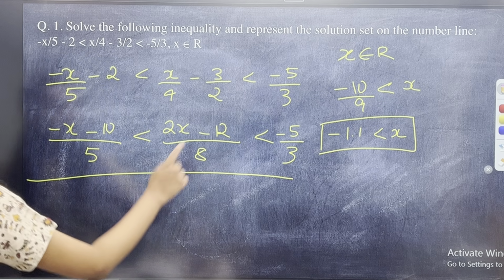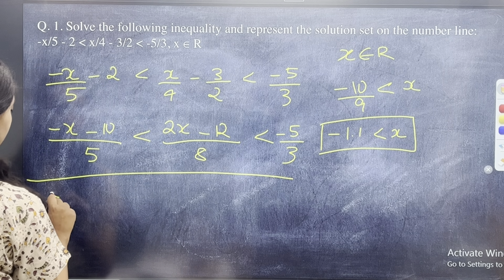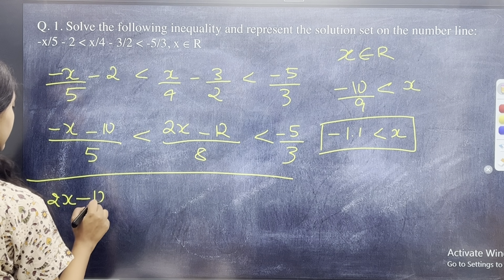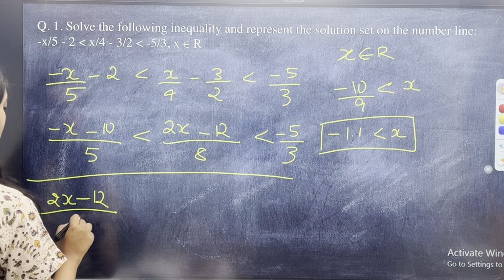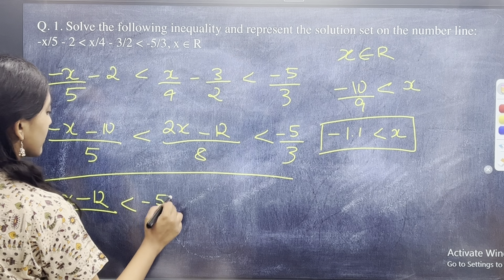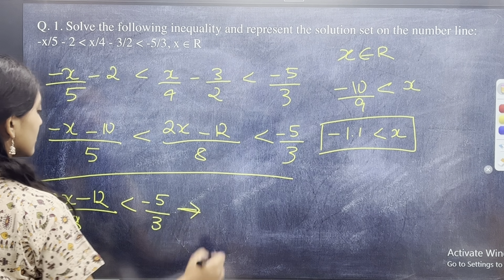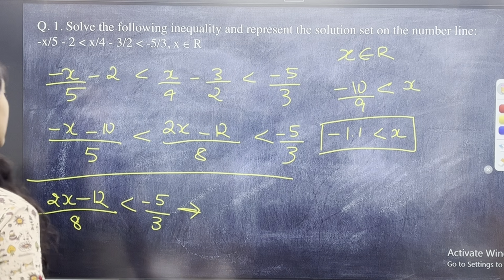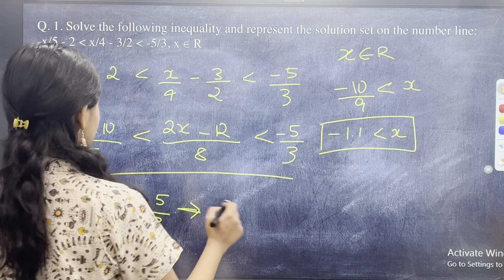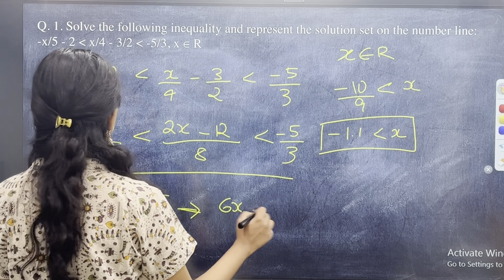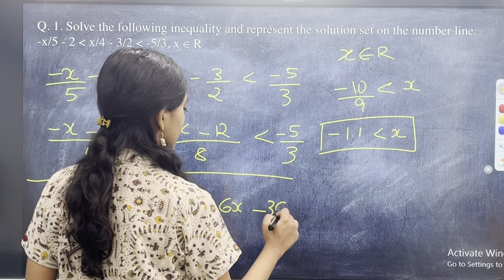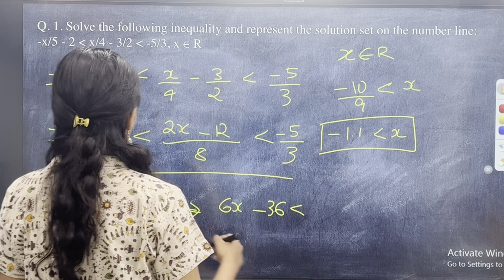Okay. Next you have 2x minus 12 divided by 8 is less than minus 5 by 3. You go to the next line. यहाँ पे space नहीं है, so I'm doing it in the same line. 6x, 3 2s are 6x minus 12, 24, 36 is less than minus 40.